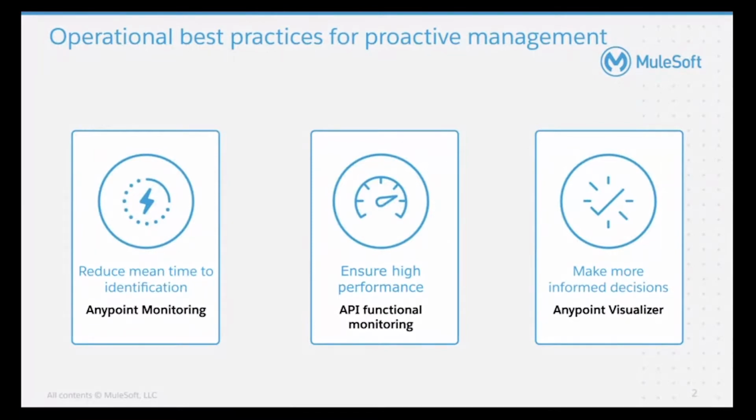That is one of the value adds which Anypoint Monitoring would bring, and ensure high performance by doing some API functional monitoring. And then we also have a tool for visualizing. This will help you in many different ways.